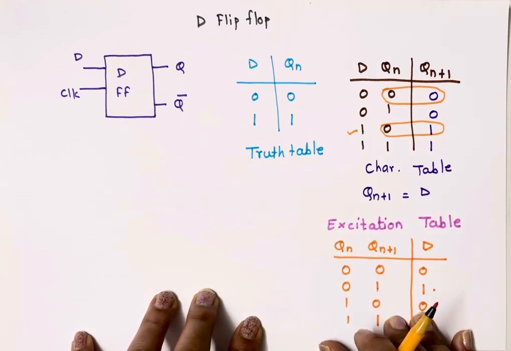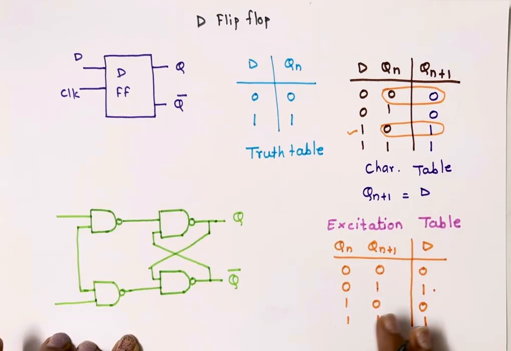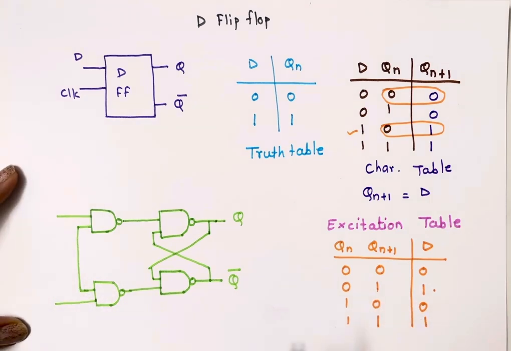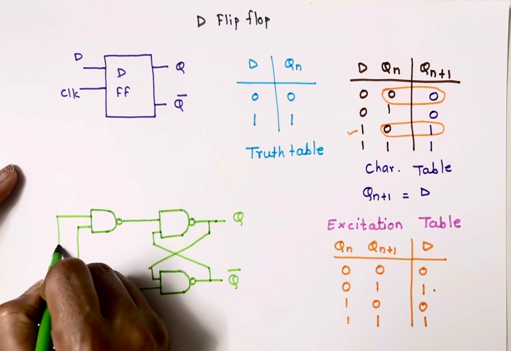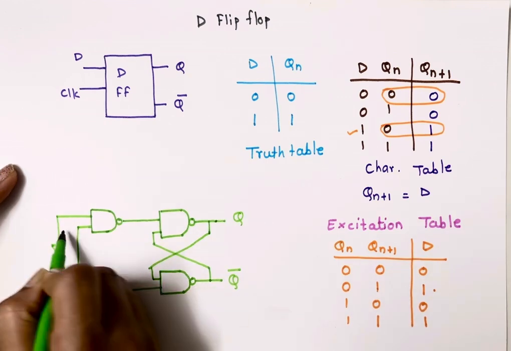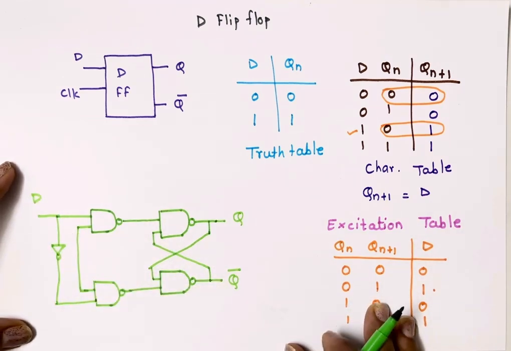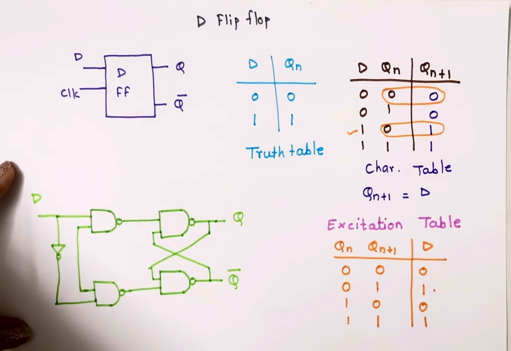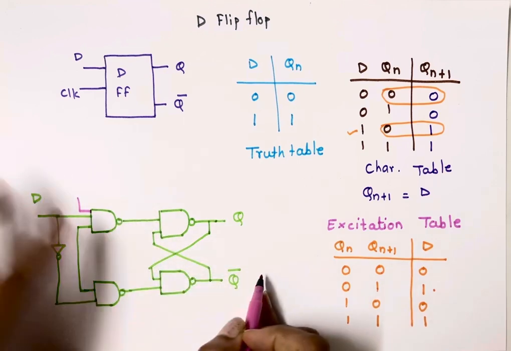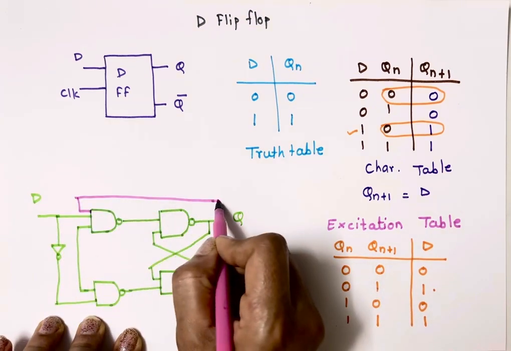Now let's draw the diagram for D flip-flop using NAND gates. This is the diagram of SR flip-flop. So in case of SR flip-flop, by connecting an inverter or NOT gate between the two inputs, we can make it a D flip-flop. Or simply, if you want to make D flip-flop from JK flip-flop, JK flip-flop is similar to SR flip-flop, only the difference is there is a feedback.